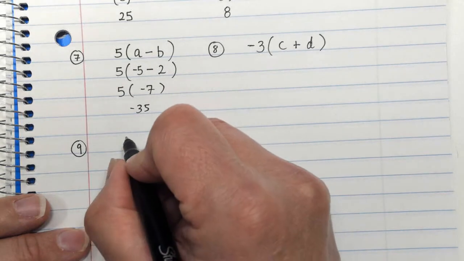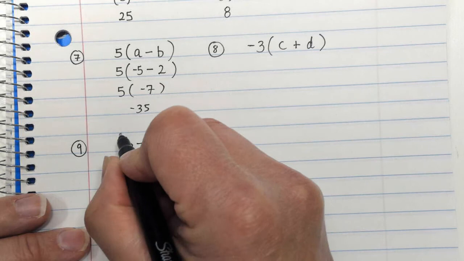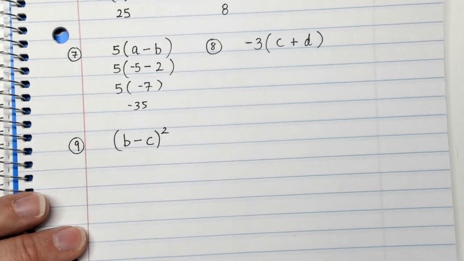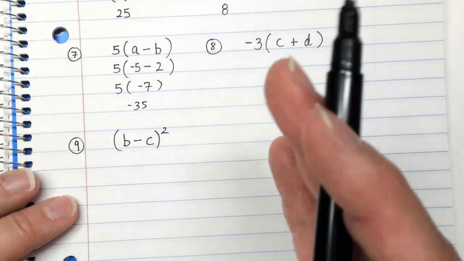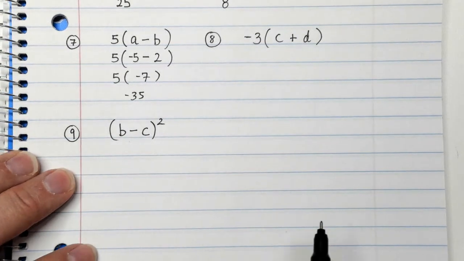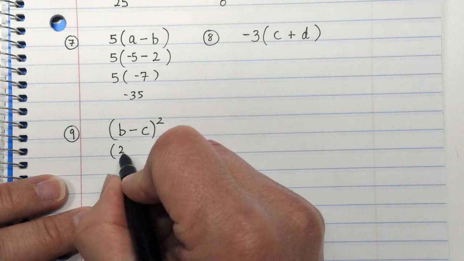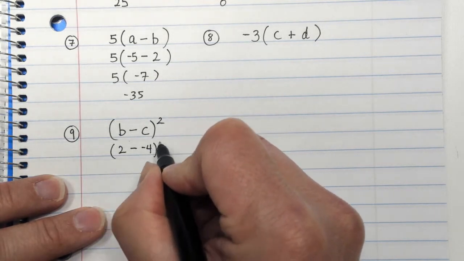We're going to go B minus C quantity squared. That's how you say it, by the way. B minus C quantity, meaning that whole quantity is like a group. Parentheses creates a group. What is B? B is 2. What is C? C is negative 4.